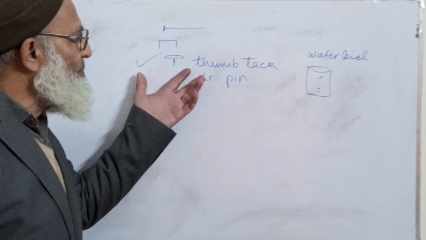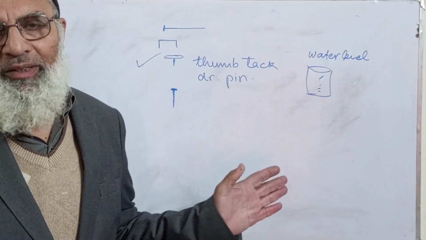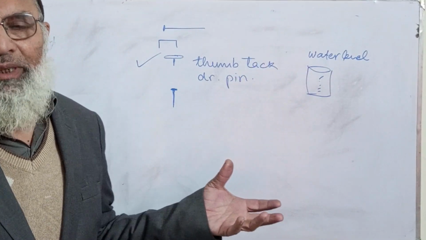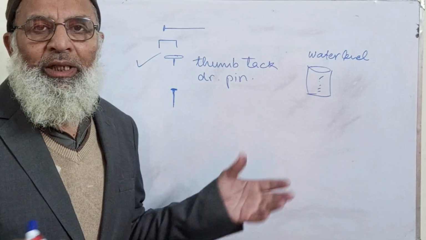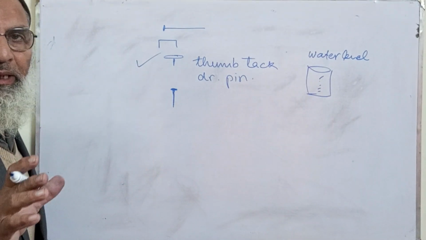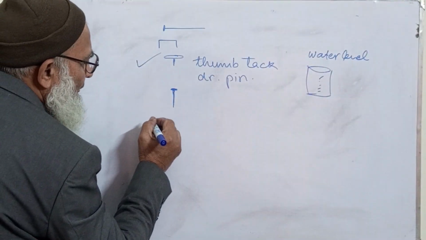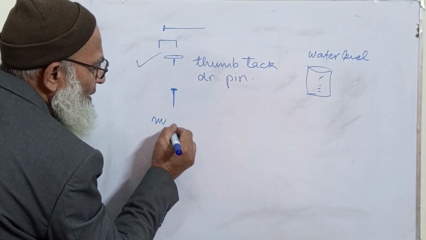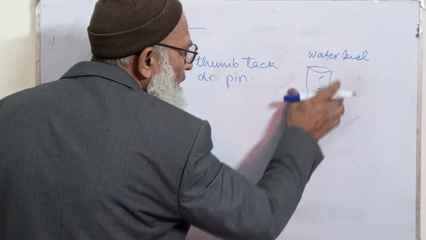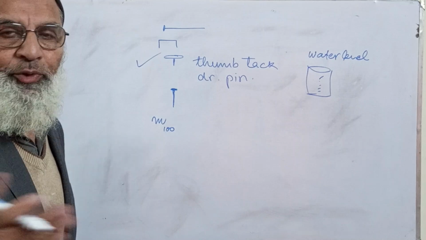A single drawing pin will not show you much displacement in the water. So what will you do? You will take some 50 or 100 pins like this, take the mass of the 100 pins and put all of them in the water, so it will rise. Then divide by 100.